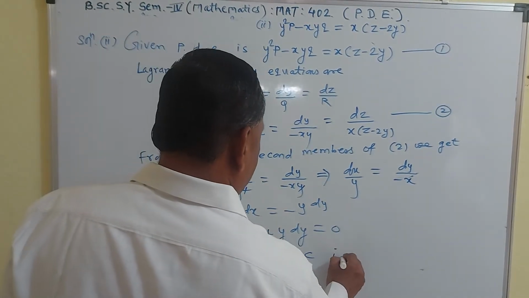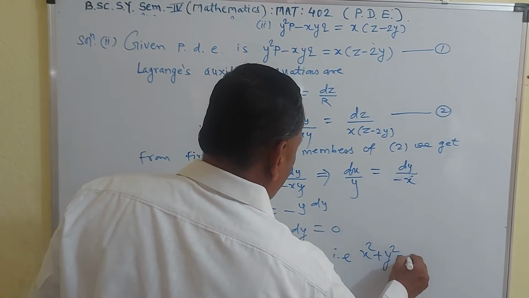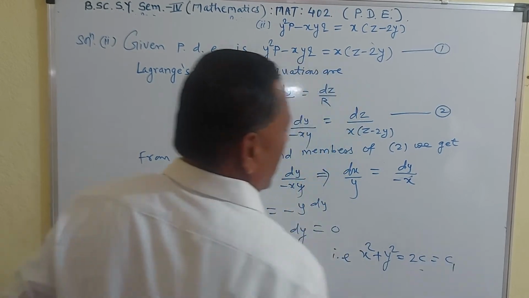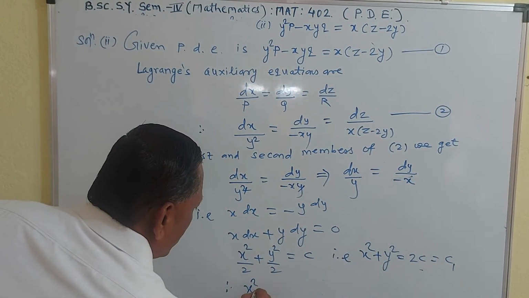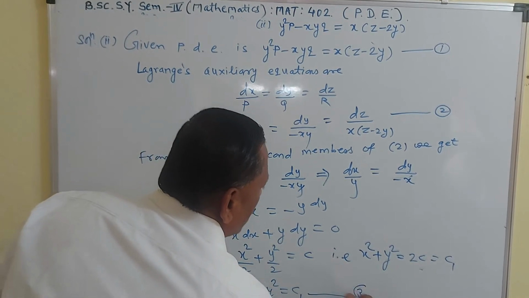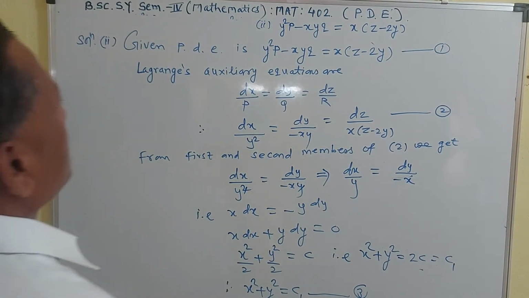Again this can be written as x² + y² = 2c. Since 2c is a constant, we name it c1. Therefore x² + y² = c1 is one general part of the required solution, that is u = c1.